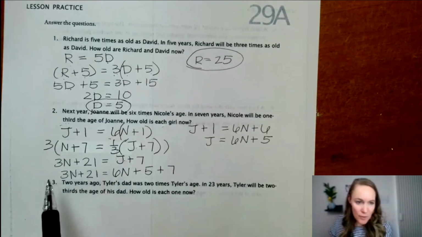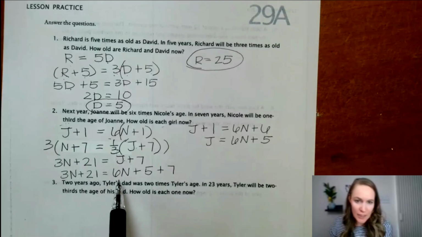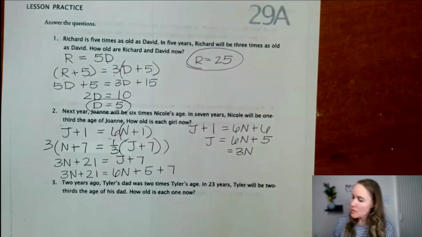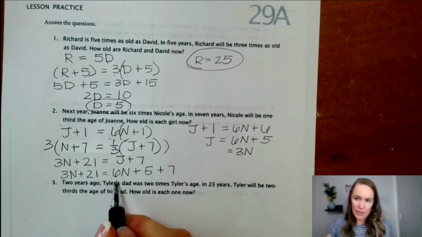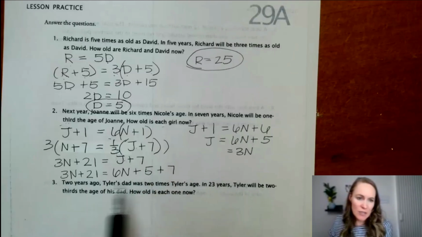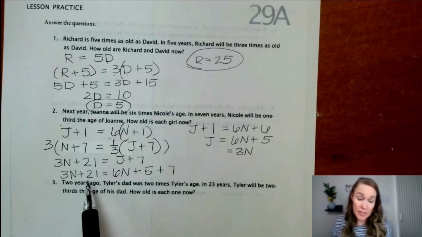So I'm going to subtract 3n over here. That gives me 3n over there. So 6n minus 3n, that's 3n. And then I'm going to gather all my numbers and put them on this side. So I have 21 minus 7, and that's going to be 14. 14 minus 5 is 9.